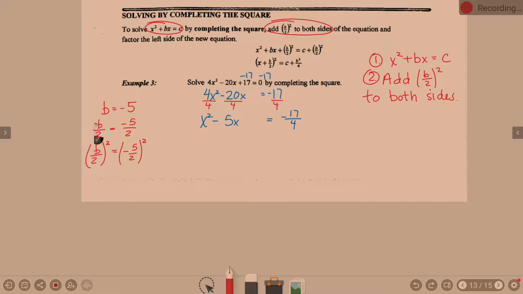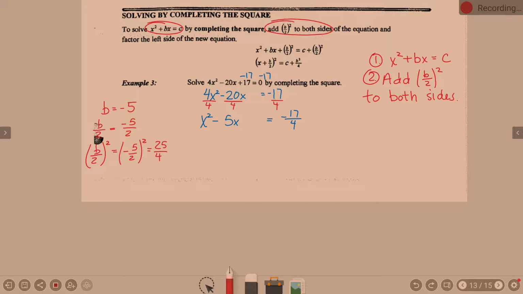Five times 5 over 2 times 2? 25/4. And that value will always come out positive then, right? Okay. So, that right there, b over 2 squared, is what we're going to add to both sides.